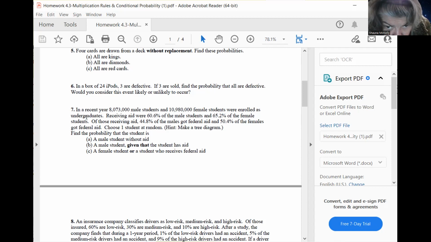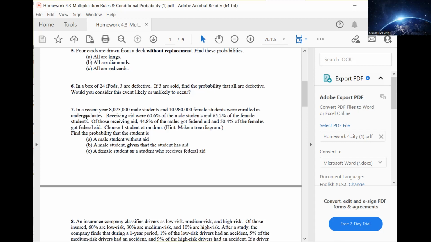Receiving aid were 60.6% of the male students and 65.2% of the female students. Of those receiving aid, 44.8% of the males got federal aid and 50.4% of the females got federal aid. Choose one student at random and find the probability that the student is, and then fill in the blank, okay?